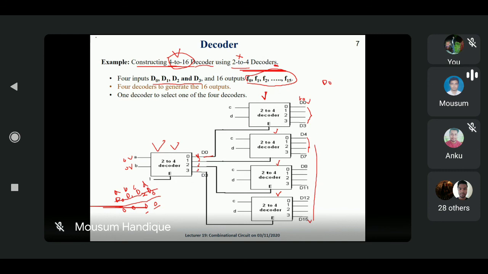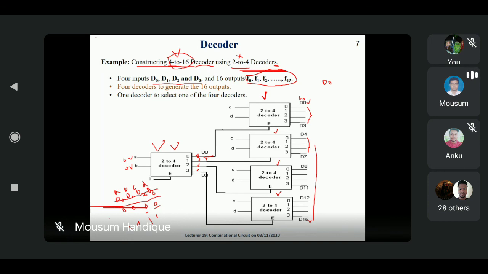Suppose we are using 1, 0 and 1, 1. So 1, 0 means what? That means the D1 line is active because AB is 1, 0. Yes or no?